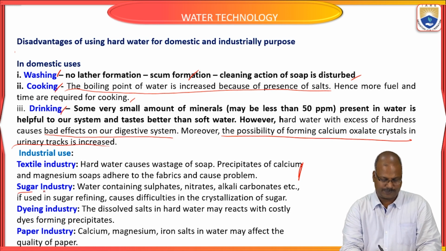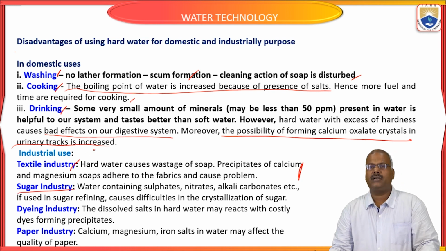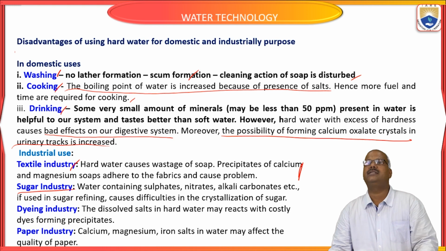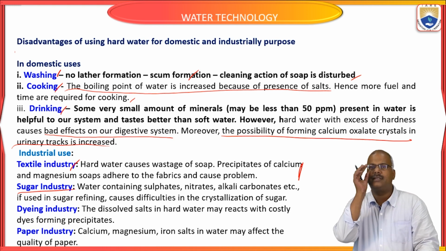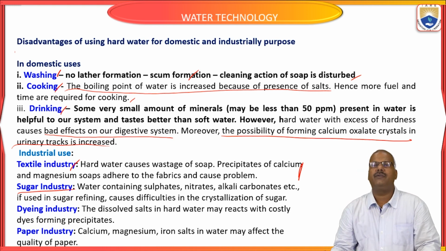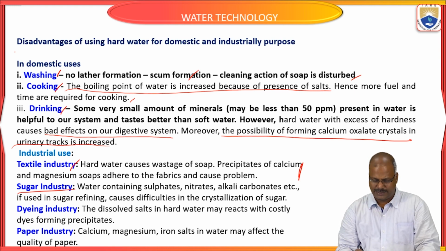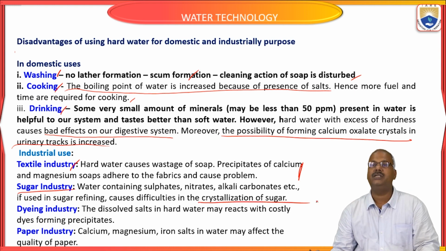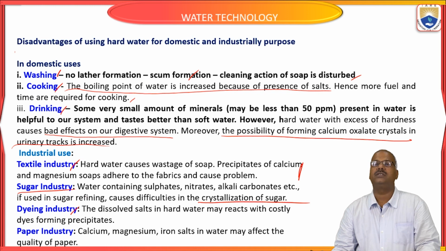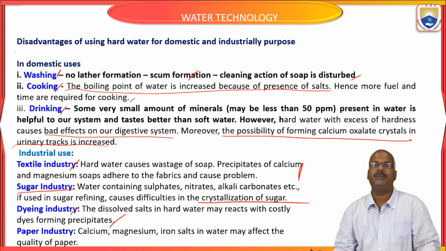Sugar industry: water containing sulfates, nitrates, alkali carbonates, etc., if used in sugar refining, causes difficulty in crystallization of sugar. Dyeing industry: dissolved salts in hard water may react with costly dyes, forming precipitates.